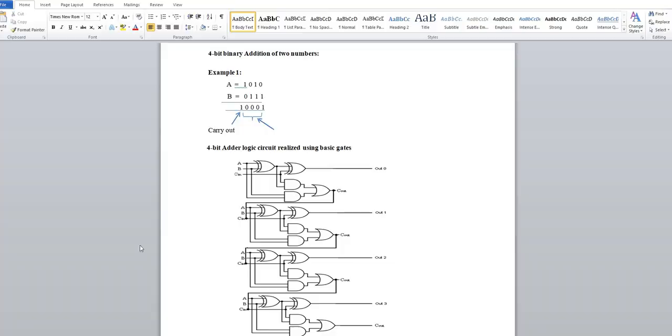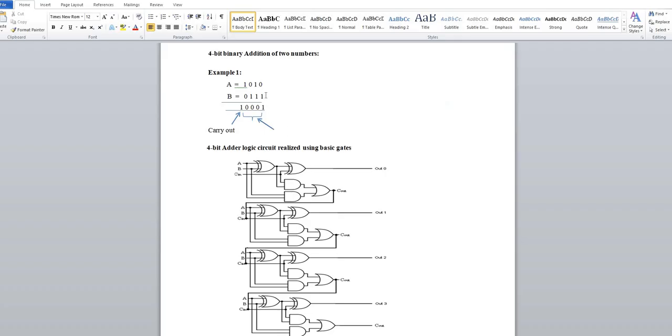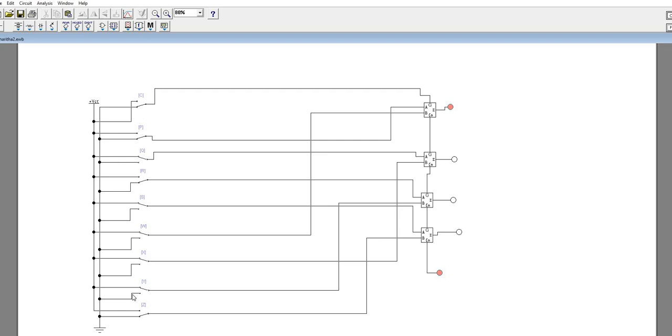Similarly in the same way, in this workbench the switches W, X, Y, Z are represented by W as 1, Y as 1, X as 1 and Z as 0. So these are the switches that are connected with respect to ground and VCC.